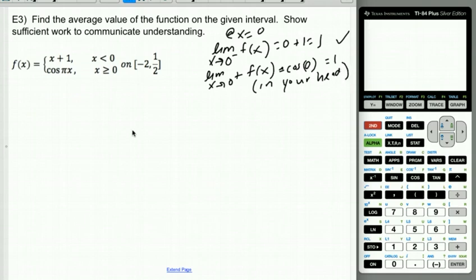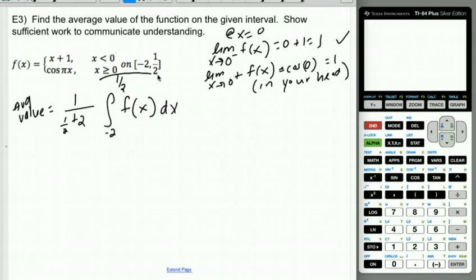So now that we know it's continuous, in order to find the average value, it's going to be 1 over 1/2 minus a negative 2, which we'll deal with in a sec, times the integral from negative 2 to 1/2 of f of x dx. The tricky part of this is that this actually needs to be in two pieces because I have two completely different functions.